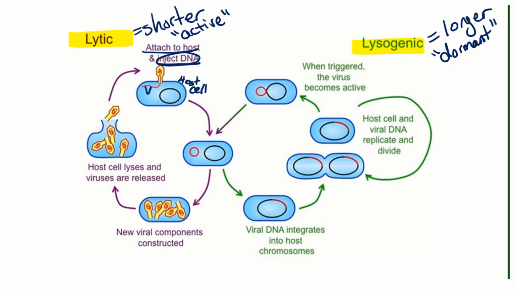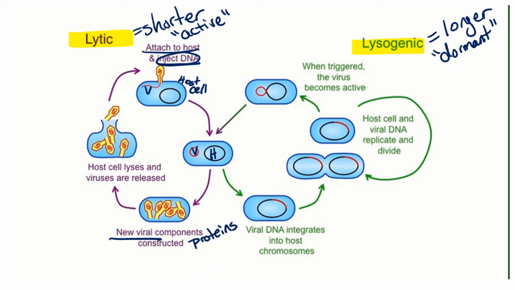Now, if we're focusing on the lytic cycle first, we have the viral DNA and the host cell's DNA. The viral DNA is actually used through protein synthesis in this case to produce viral components, and these components are basically viral proteins.